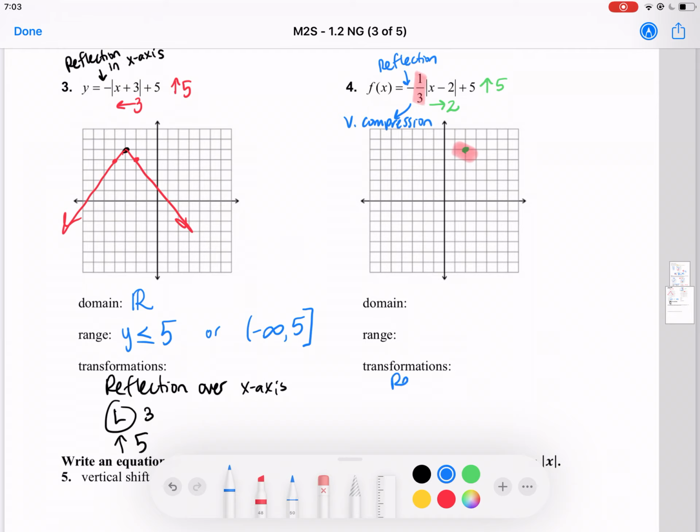So we'll have our reflection over x-axis. We'll have our vertical compression of 1/3. That means it's going to be less steep. We're going to go right 2 and up 5.